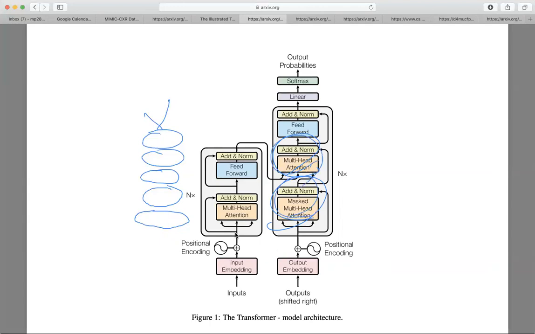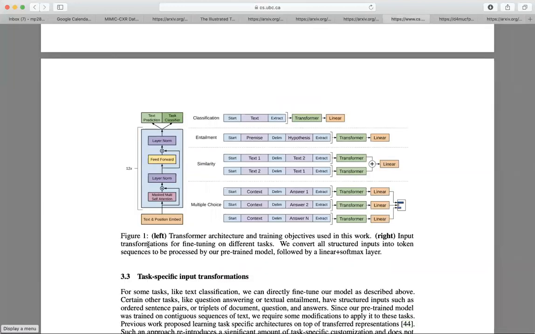But in GPT, I'm going to erase this. In GPT, there's no encoder, so it doesn't need to mix from anywhere. It is just language modeling. It is just using one sentence and trying to predict, iteratively, just looking at one word at a time, the next word.